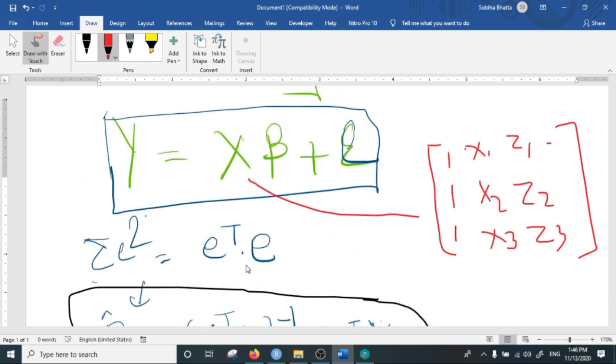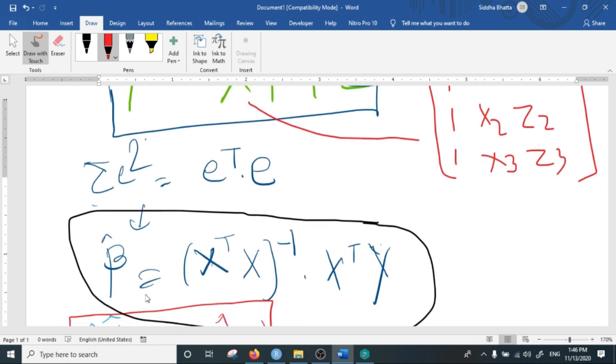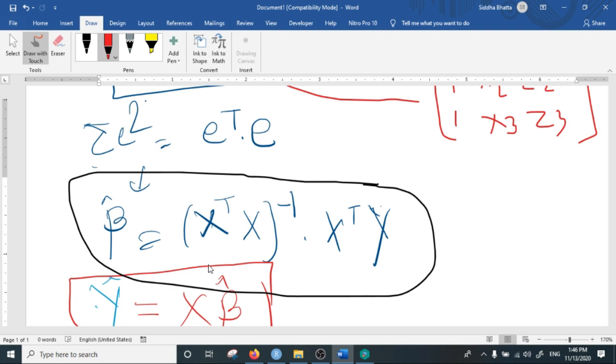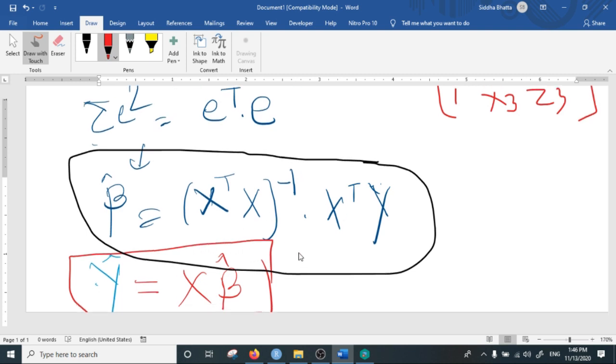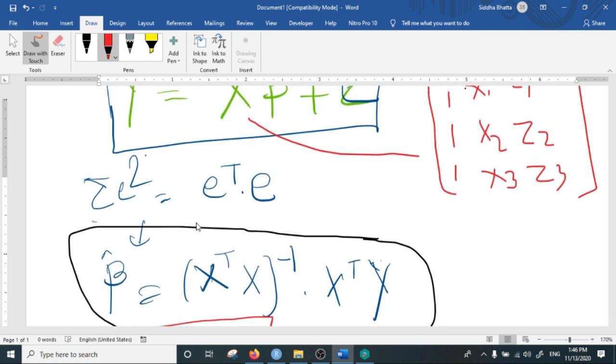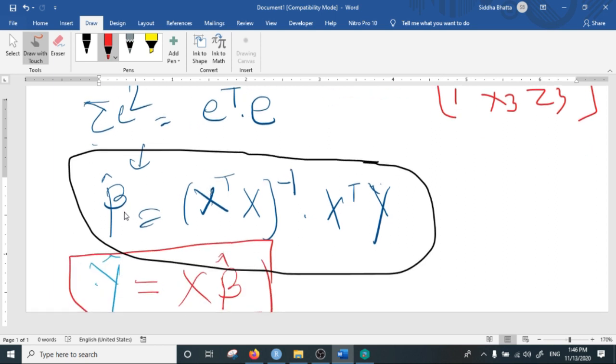So we can put y minus xb instead of the e vector, and we can minimize this by using standard calculus. I won't go into detail on how to calculate the derivative of this expression, but if we simplify, the final result will be the beta vector equals the inverse of x transpose times x, times x transpose times y.